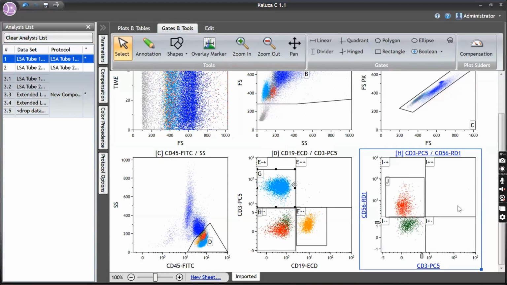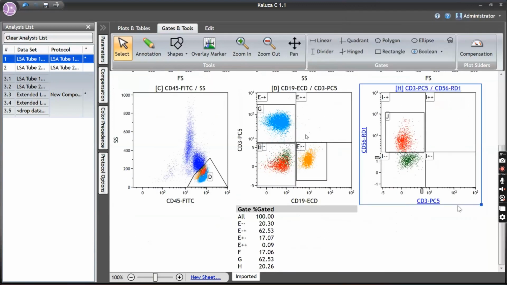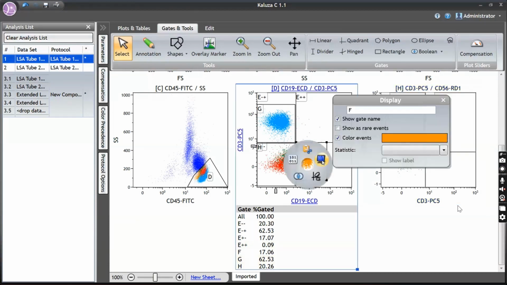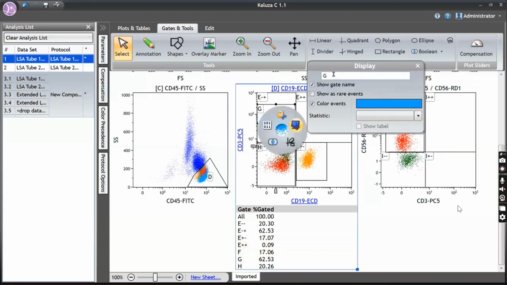Now let me check the percentages. Okay, so if you check, the B cells are around, out of the total lymphocyte population, it's around 62%, and so I'll just name the gate so that there is no confusion.